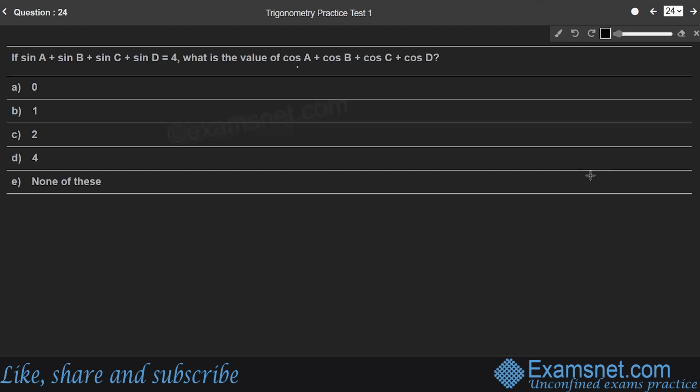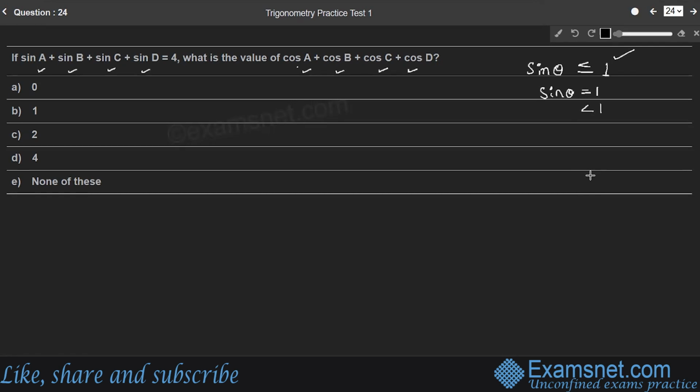Question number 24. If sin A plus sin B plus sin C plus sin D is equal to 4, what is the value of cos A plus cos B plus cos C plus cos D? Students, we all know that the possible value of sin theta is always less than or equal to 1. So the maximum possible value for sin theta is 1.